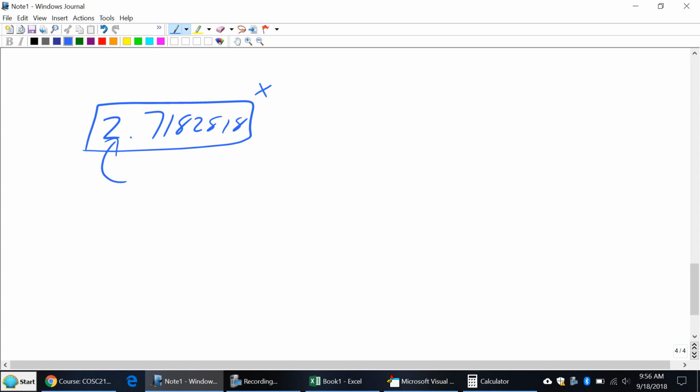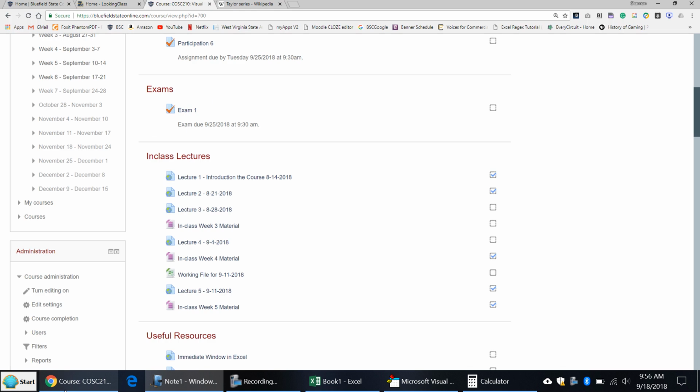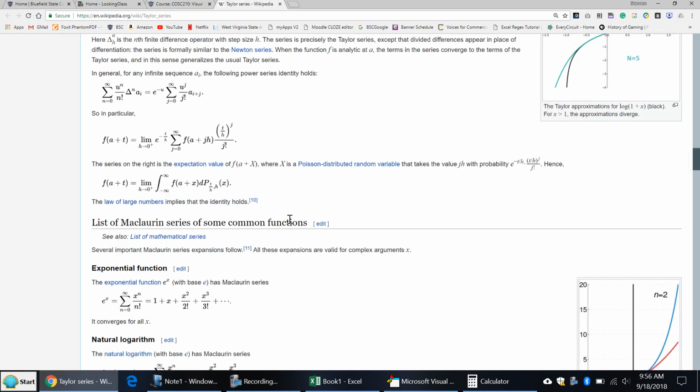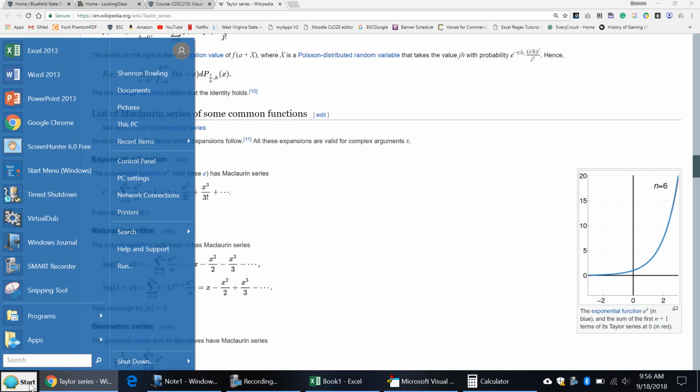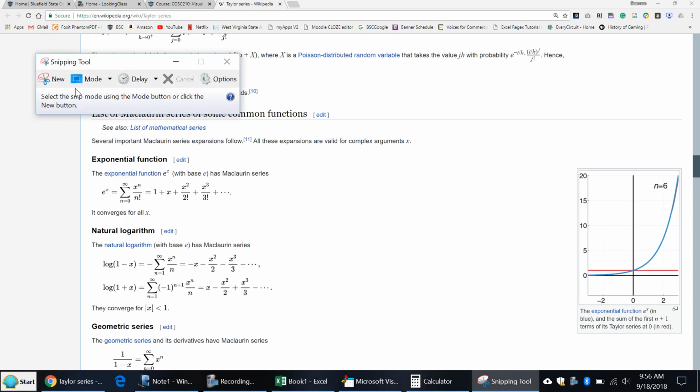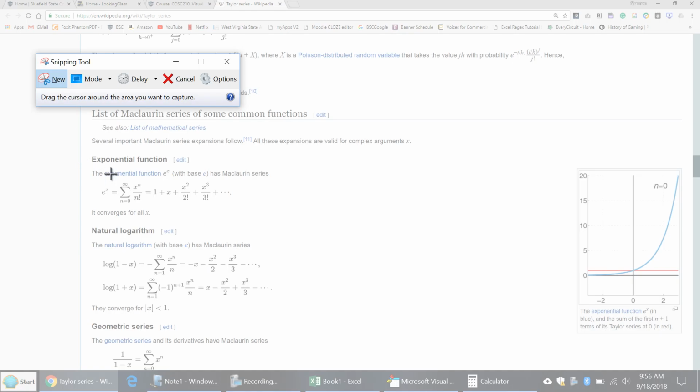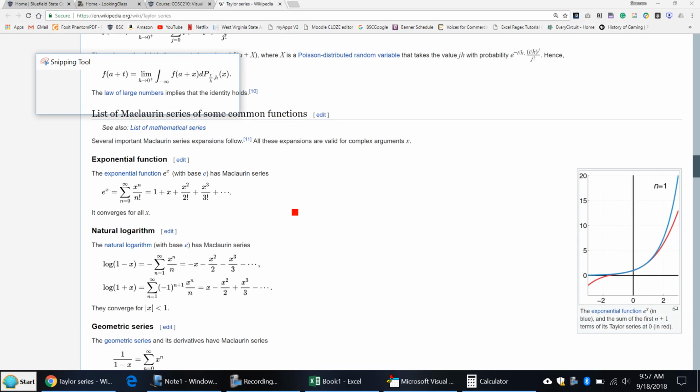How would we go about doing this? We're going to use something called a Taylor series expansion that you'll probably learn about in Calculus 2 if you take the course. It's essentially an approximation function. I've provided a link that talks about Taylor series expansions, and one of the expansions we're going to look at is this one right here.